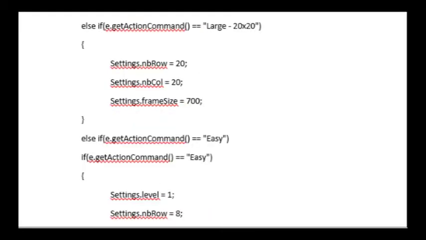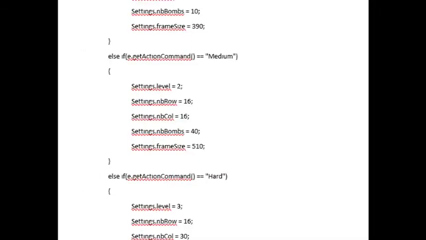So we use if, so get action command, and the last one also continues the same. Then the next one is if, which displays the easy level, the number of levels, the number of rows, columns, bombs, and also frame size, which just continues from the first method just now. So we set easy, medium, and hard.